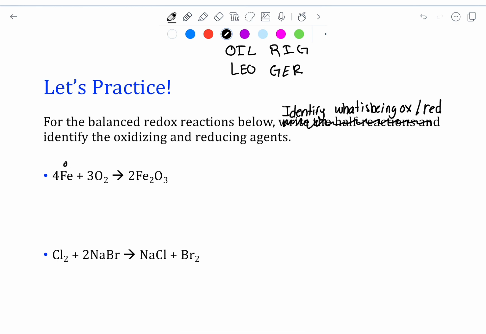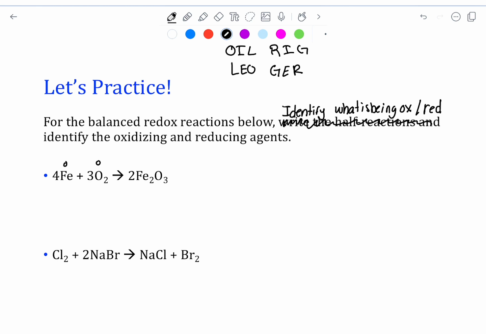We know that. When we just see iron metal, it's coming straight off of the periodic table. It hasn't lost any of its electrons. There's no charge on there. Therefore, it has a charge of 0. Oxygen gas is also the elemental form of oxygen, so it also does not have a charge.